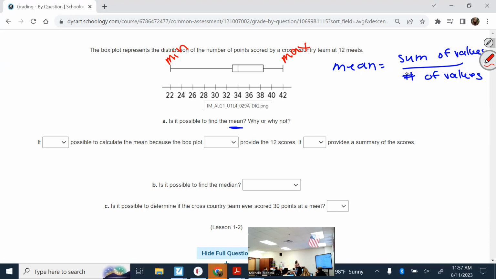The median, which would be the line that's in the middle of the box, and then the edges of your box make up your Q1 and Q3. All right, so no, you can't find the mean from a box plot. So that answers this part. It is not possible to calculate the mean because the box plot does not provide the 12 scores.